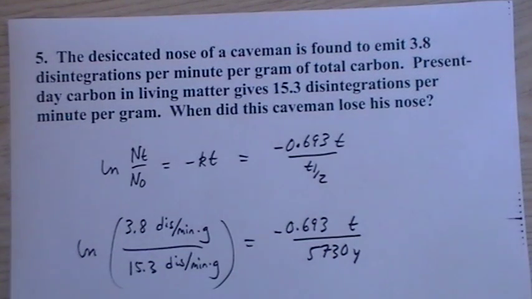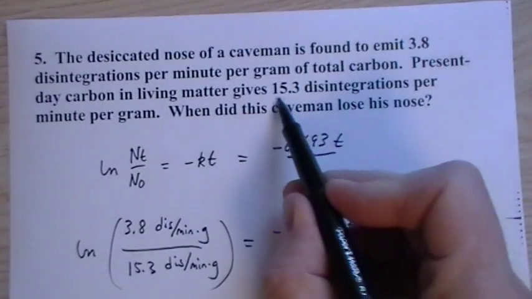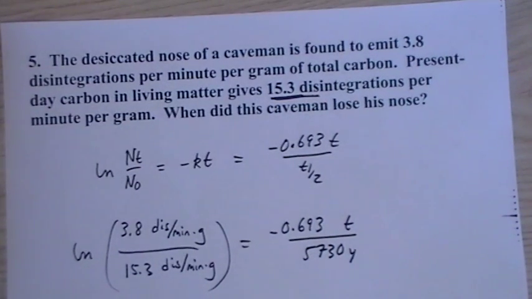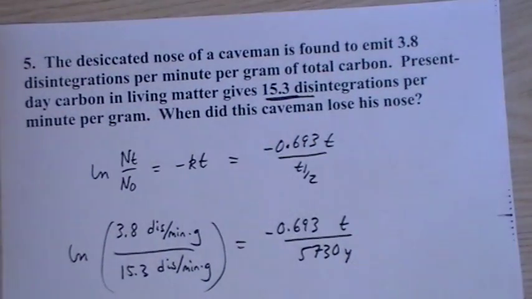This caveman had a hard time at some time in the past, and we want to figure out how long ago it was. Well, all living matter gives off this rate of disintegration per minute per gram for the carbon. So all living things, trees and plants and animals, fish, birds, insects, everything that's alive that has carbon in it, is giving off this amount of radiation at that rate.